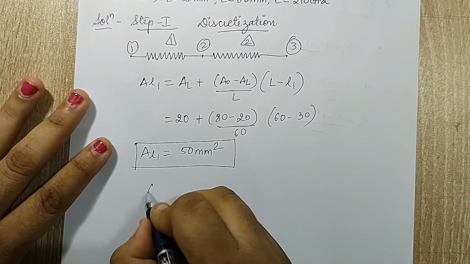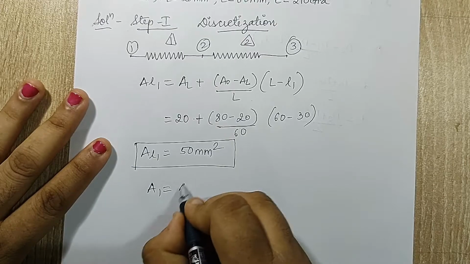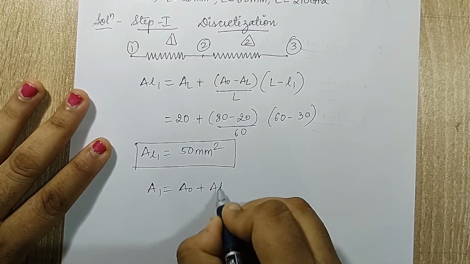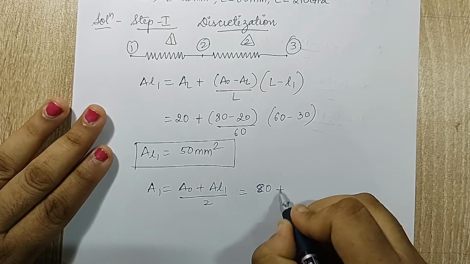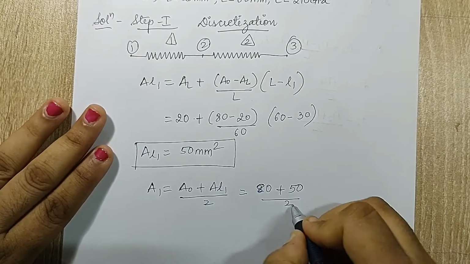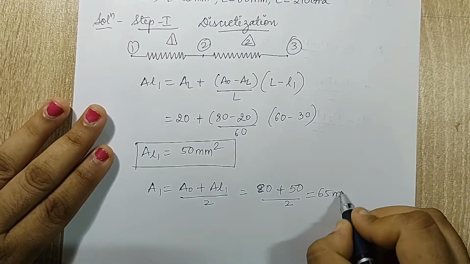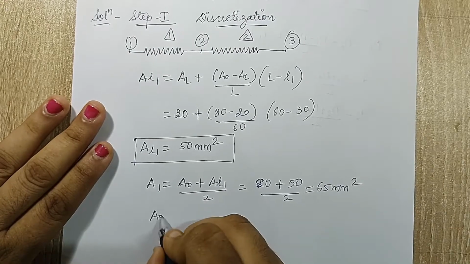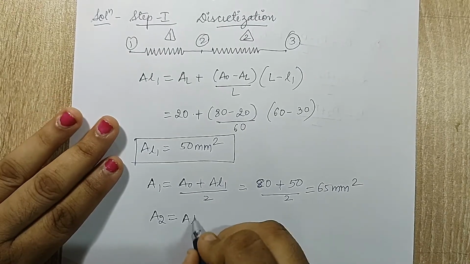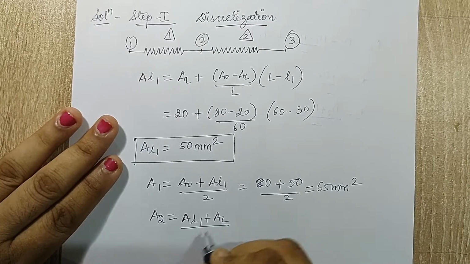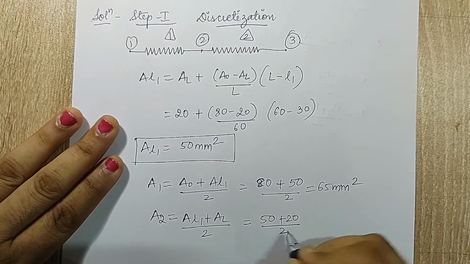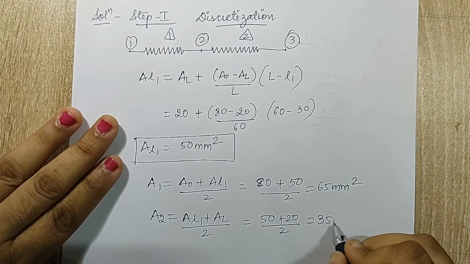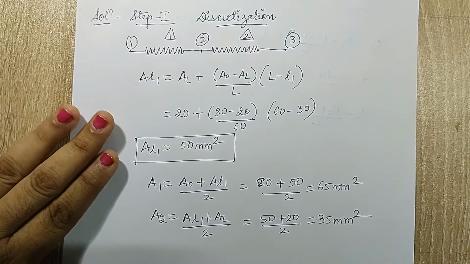For calculating A1, I'll have A0 plus AL1 by 2, which will be 80 plus 50 upon 2, which is 65 mm square, and A2 is AL1 plus AL by 2, which is 50 plus 20 by 2, which will make it 35 mm square.